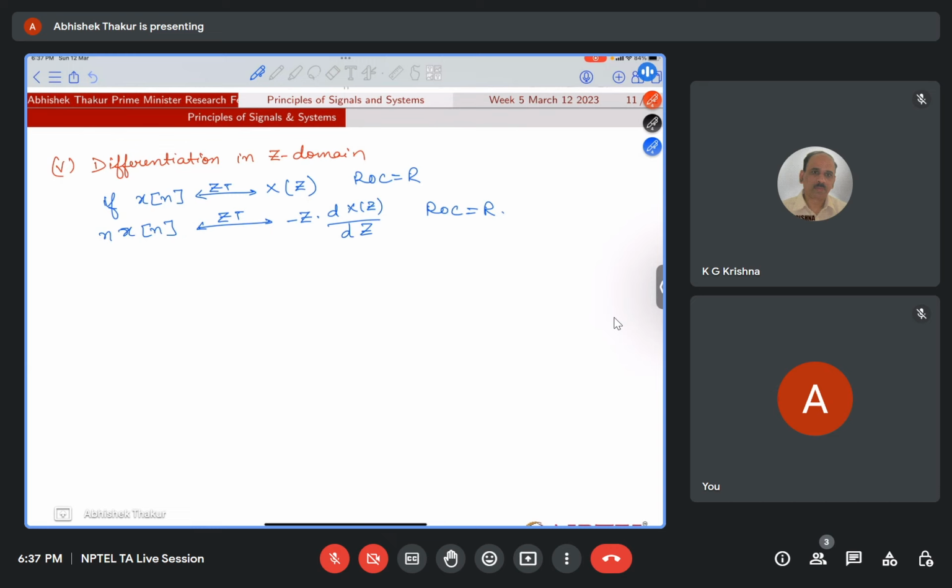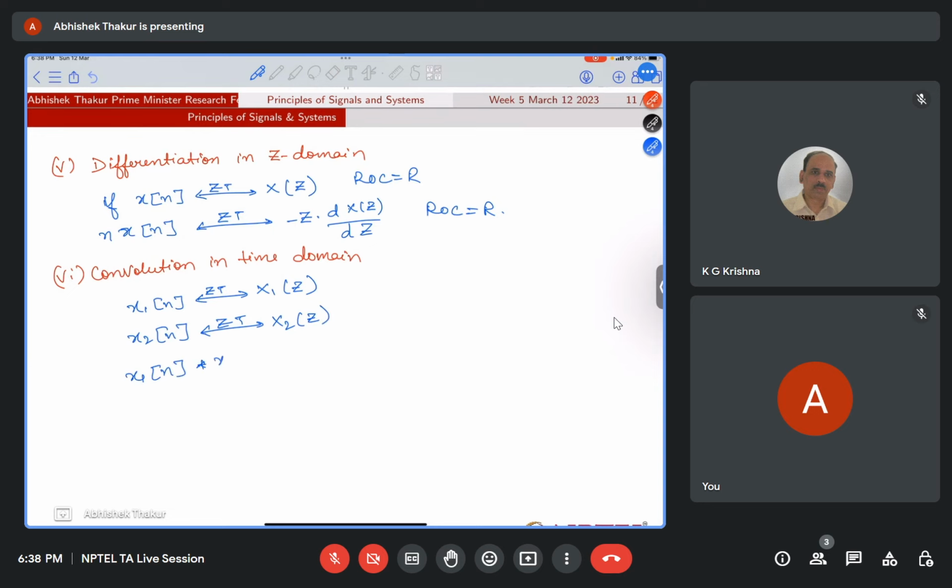Now we will see the convolution in time domain. If the signal x1[n] has Z transform X1(z), and signal x2[n] has Z transform X2(z), then the Z transform of the convolution is given as X1(z) into X2(z), and the ROC will be the intersection of R1 and R2.